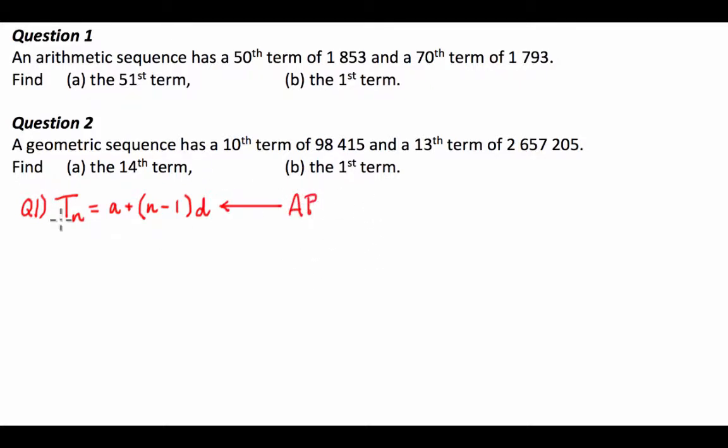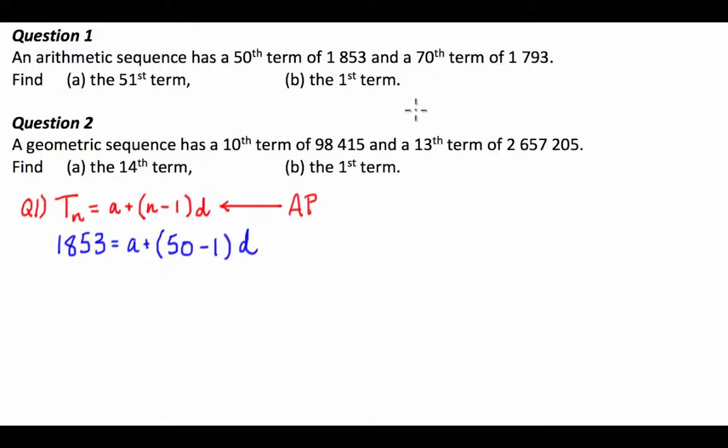Cool. So what we're going to do, guys, is enter the information that we've got into this particular formula. We have the 50th term is 1853. So we're going to say 1853 is equal to a plus, now we have n, which is 50, minus 1 times d.